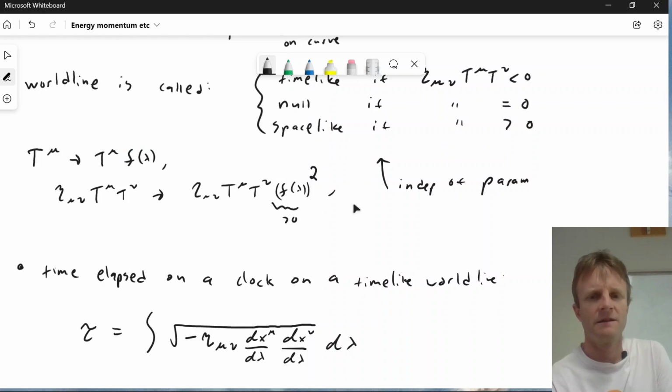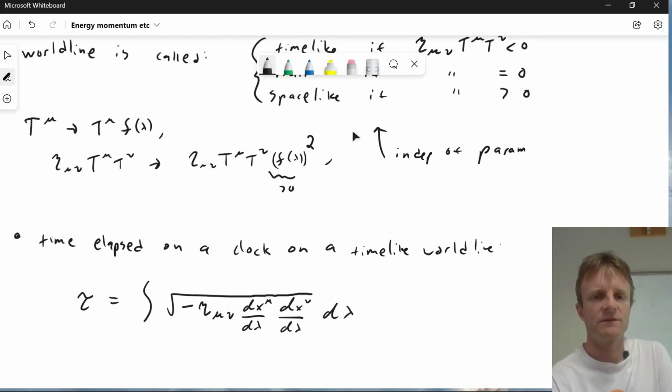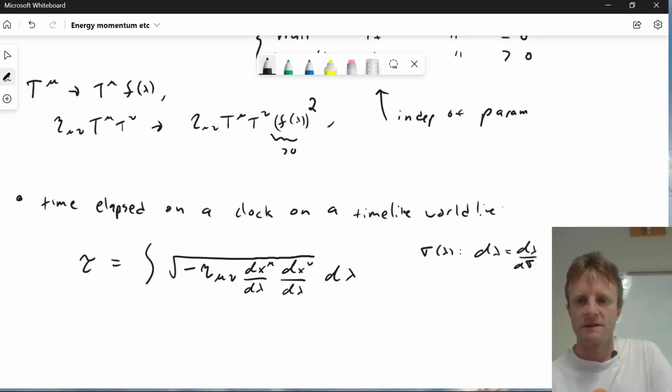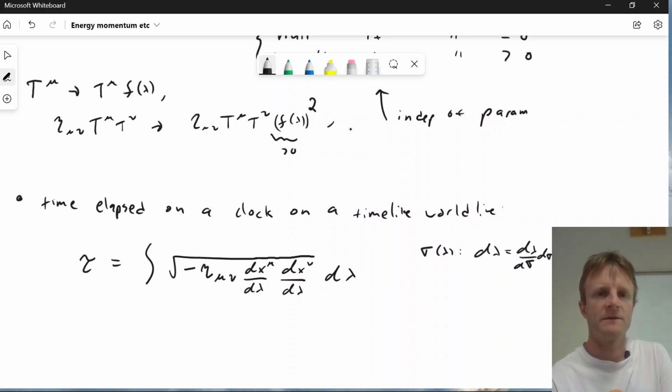Well, we can. Doesn't really matter. If you change lambda to something else, so if you go to sigma of lambda, then d lambda would just be d lambda d sigma d sigma. So you would plug that in here, and then it's the opposite chain rule here, and the d lambda d sigma will cancel out. Okay, so this is invariant, also independent of parameter.